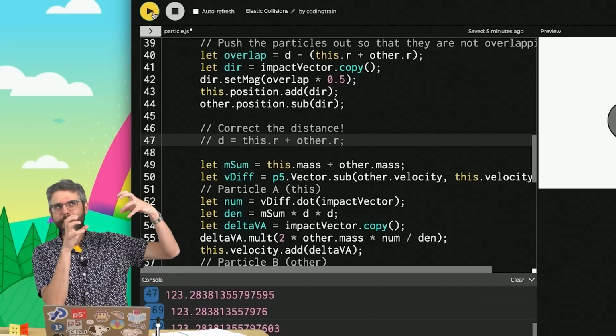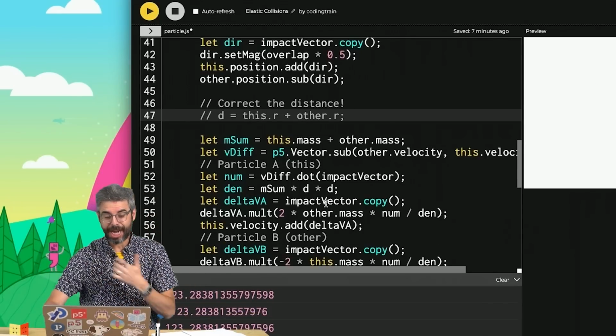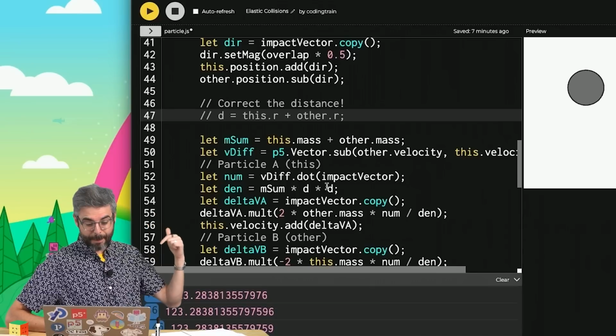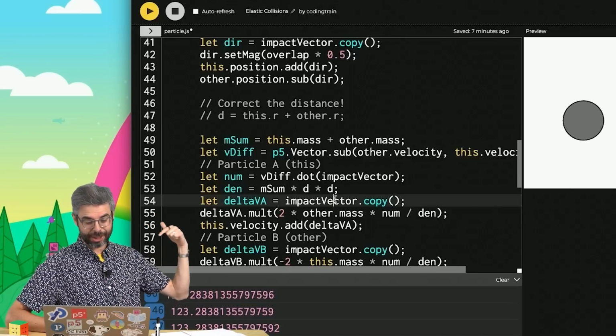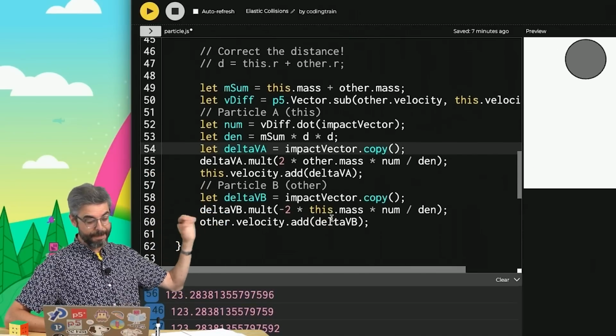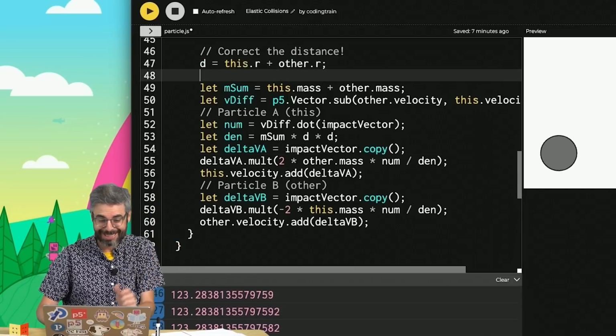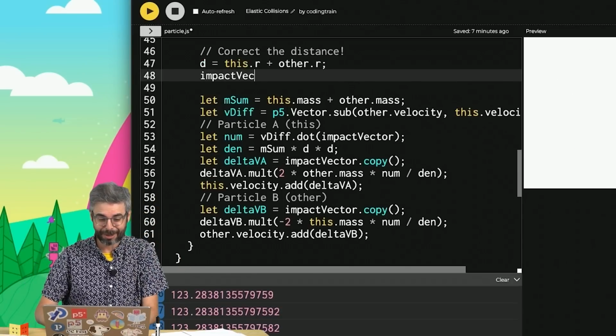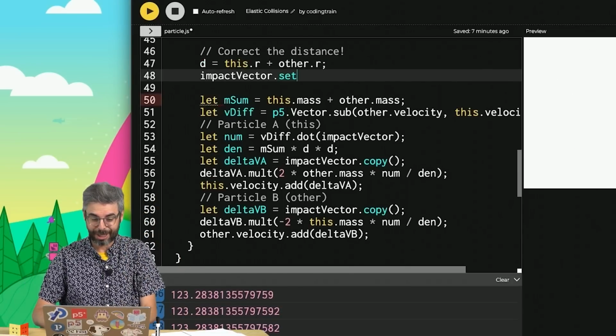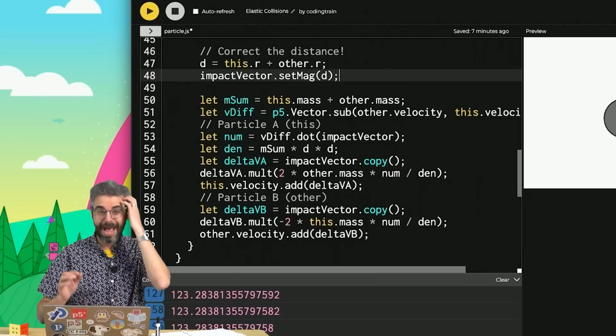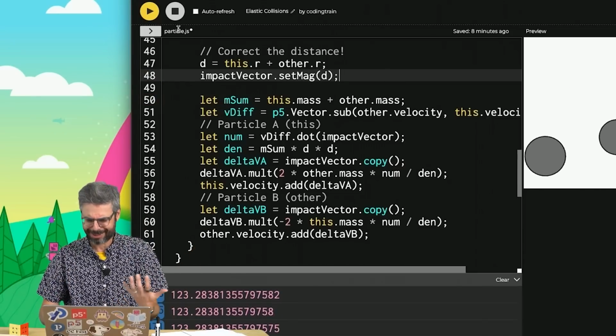I moved them apart, but I didn't actually change the length of the impact vector, and I'm using that here. So if I wanted to correct that distance, I think I might also need to just adjust the impact vector to be that correct length.